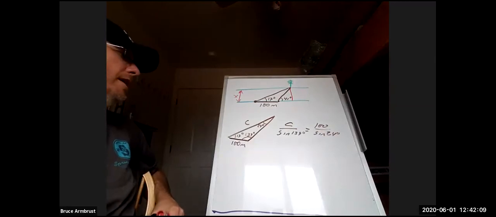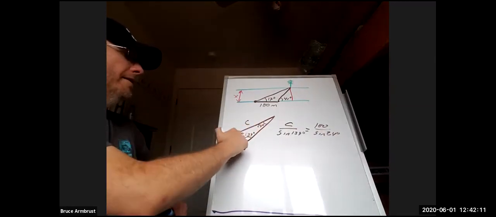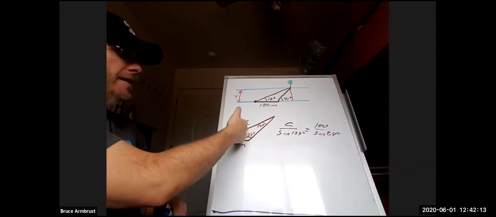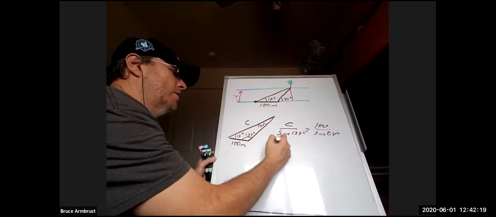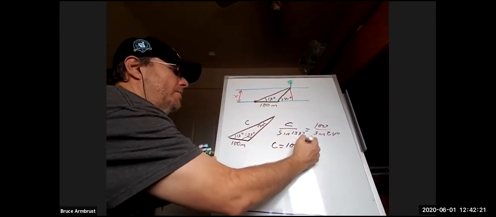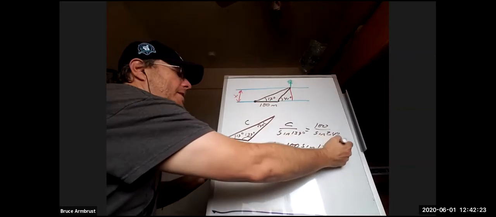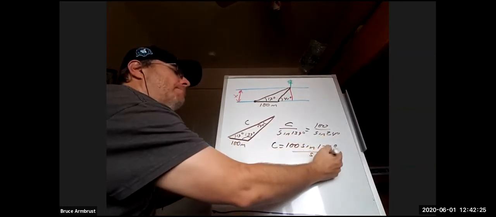I'm using my side-angle pair to find this other side somewhere in that triangle. We'll get to the calculator in a second, but it's going to be 100 sine of 139 over the sine of 24.